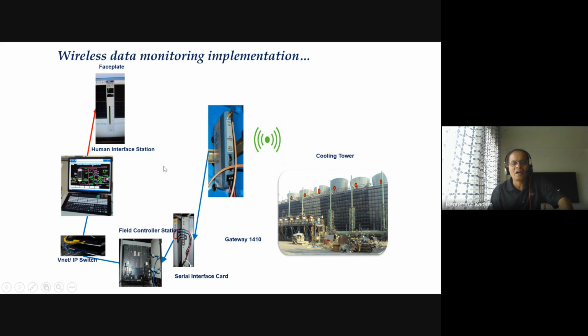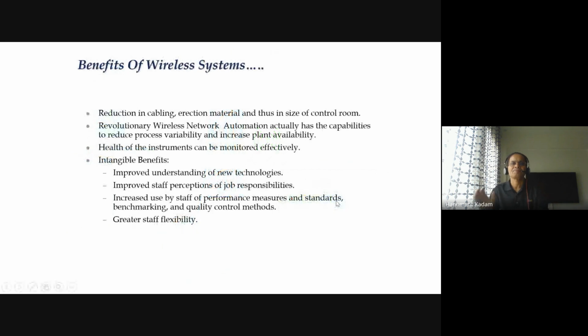Nowadays vibration measurement has become very crucial. As I told, so many accidents happen because of this, and you can reduce the frequency of failure. So what are the benefits? Reduction in cable, the cable is not there.